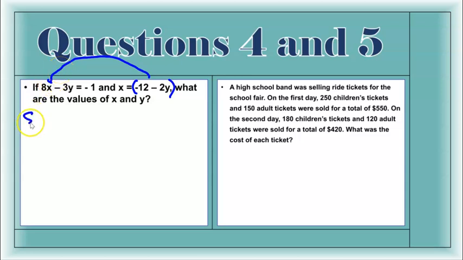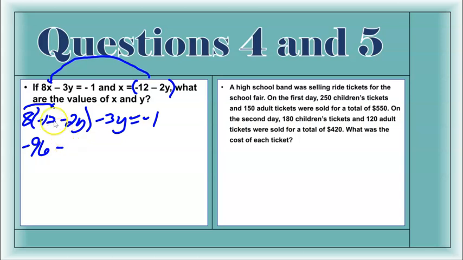So that gives us 8 times negative 12 minus 2y minus 3y equals negative 1. So now I'm going to distribute an 8.